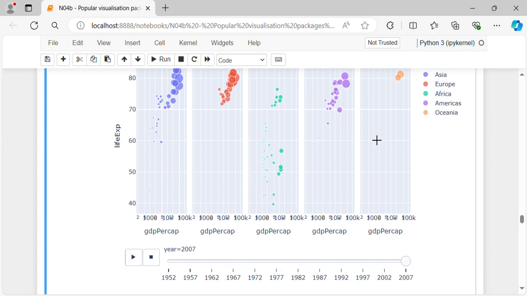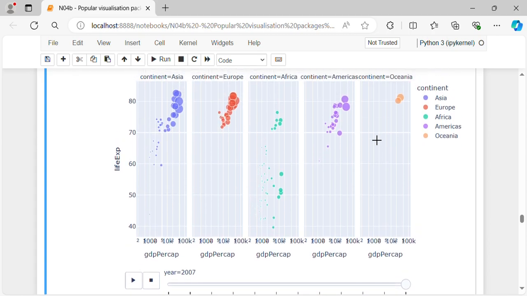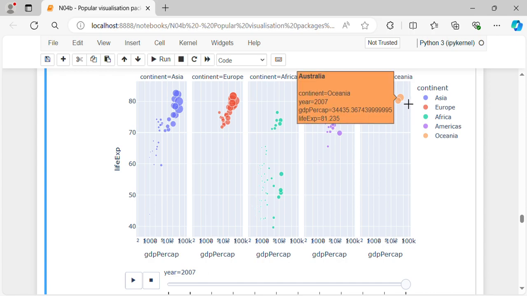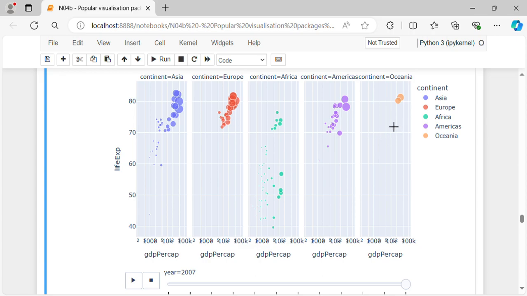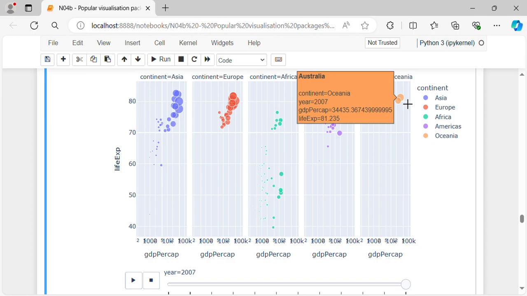So these are the countries: New Zealand, Australia. So the life expectancy has increased. It's 80 and 81, and the GDP is increased as well.